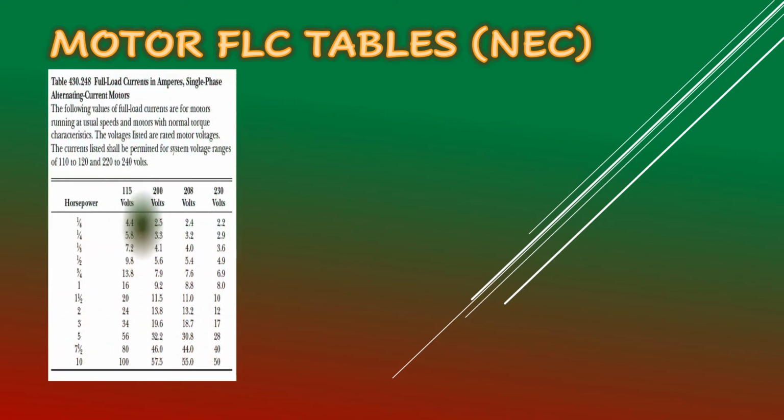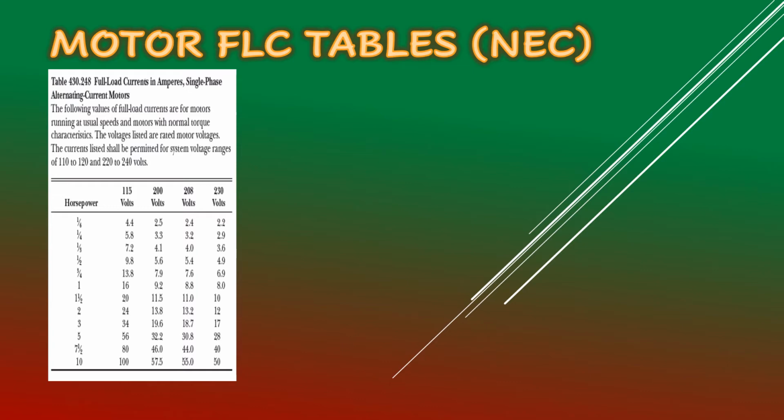Okay, now let us see the FLC tables. This is given by the NEC, National Electrical Code. The first table is table 430.248. This is the table for the full load currents in amperes of single phase alternating current motors. So we can see here the horsepower rating and the voltage rating.